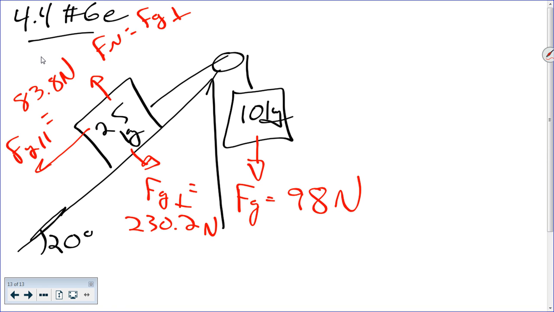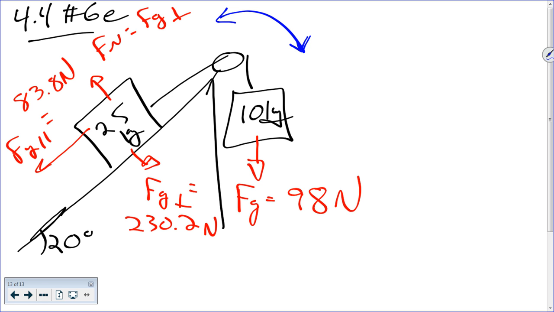Okay, so if you read through part E, it says, suppose Roy pushes the 10 kilogram box of sandpaper up with a force of 80 newtons. So at this point, it's probably worth our while to take a second and consider signs. So with no external forces, which way is this system going to move, you guys?